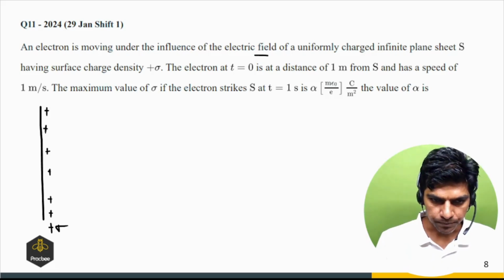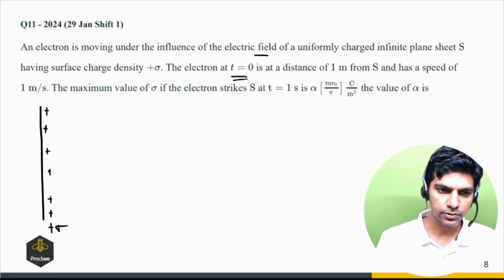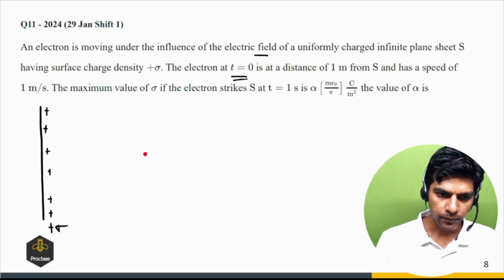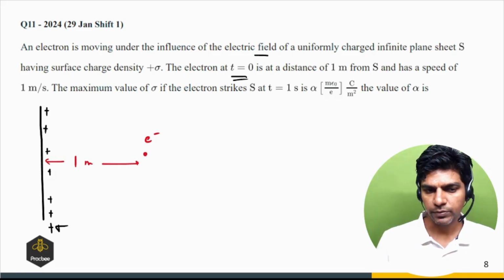So the electron at t equals 0 is at a distance 1 meter from S. So there is an electron which is at a distance of 1 meter from the sheet and has a speed of 1 meters per second.